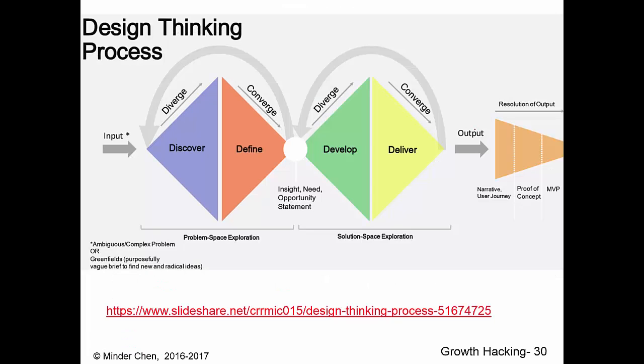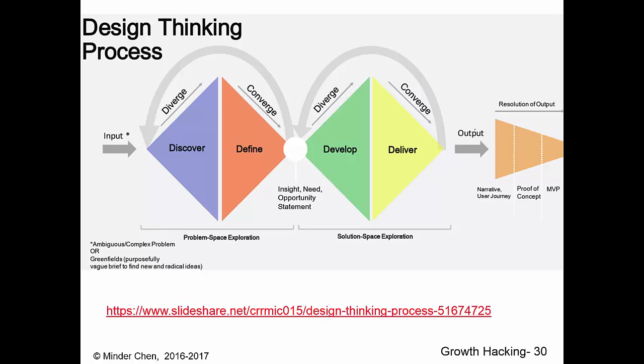Let's step back a little bit and look at the design thinking process, which is really not related to growth hacking, but it reminds us how important it is for us to find the right problem to solve in the first place. And we certainly have introduced different variations of the design thinking process.